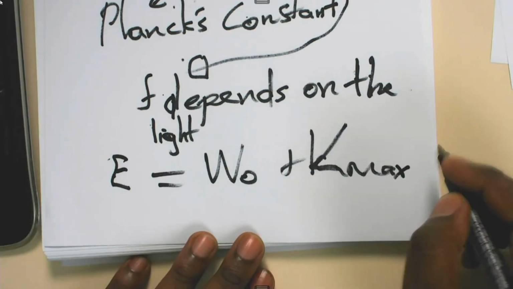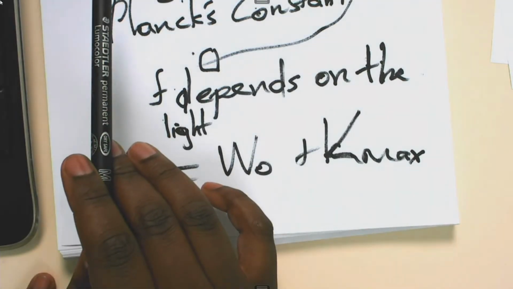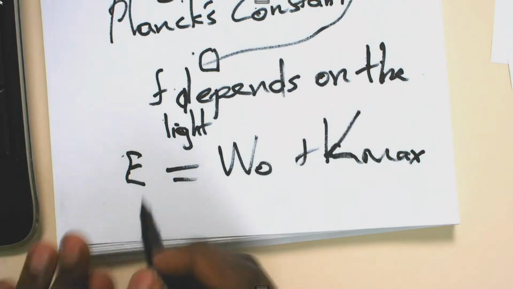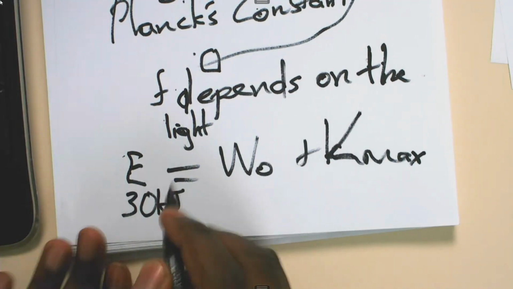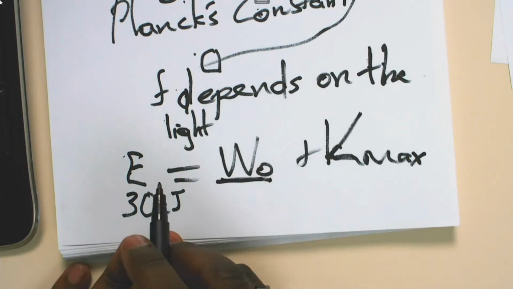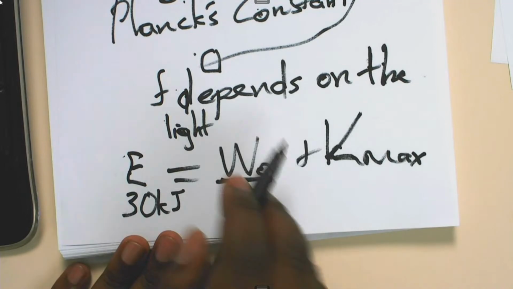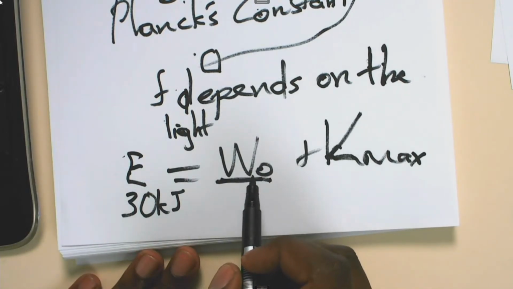Plus K max. Let us say we are moving from 25 kilojoules to a higher frequency. Let's say now we have energy of the photon being fed. The work function will not change because we have not changed the metal surface. Remember I said that the work function is the property of the metal surface.